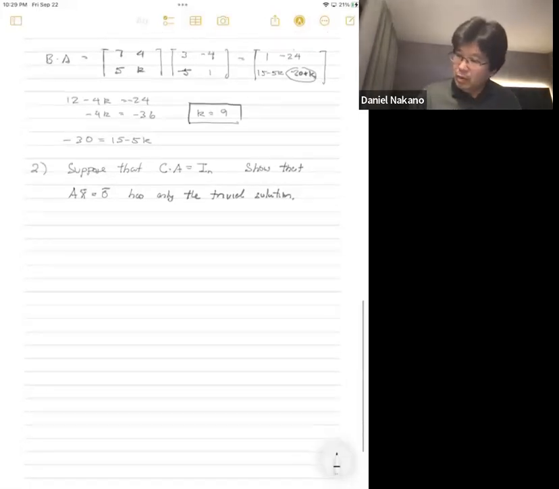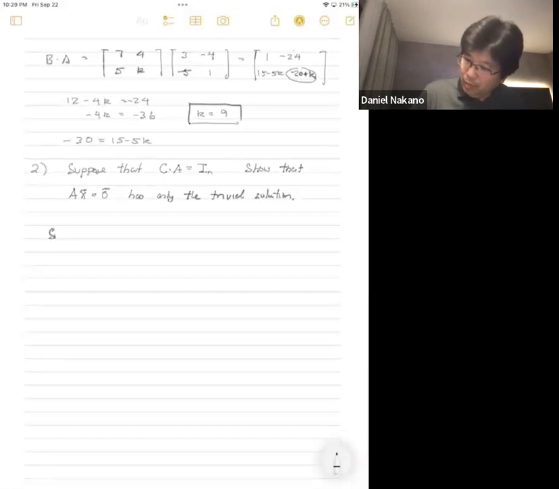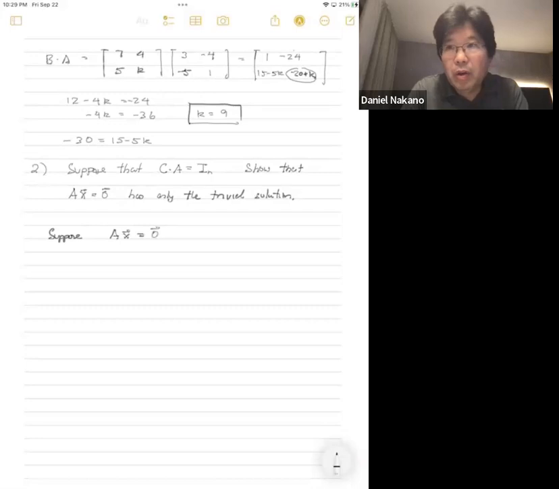Okay. So suppose we have AX equals 0. And ultimately, we want to show that X is actually equal to 0, because that means that we have the trivial solution. So what's the natural thing to do?